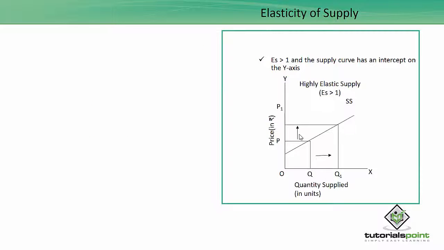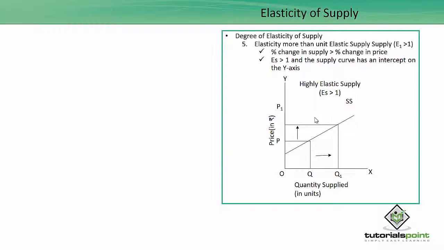Now the next one is a situation where Es is greater than 1. What do we call that? Obviously, elasticity more than unit, where supply is elastic. We call this elastic, or more than unit elastic supply. Here the percentage change in the supply is more than the percentage change in the price.